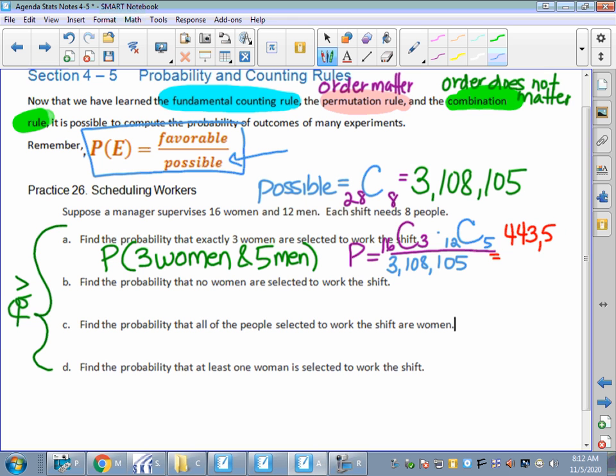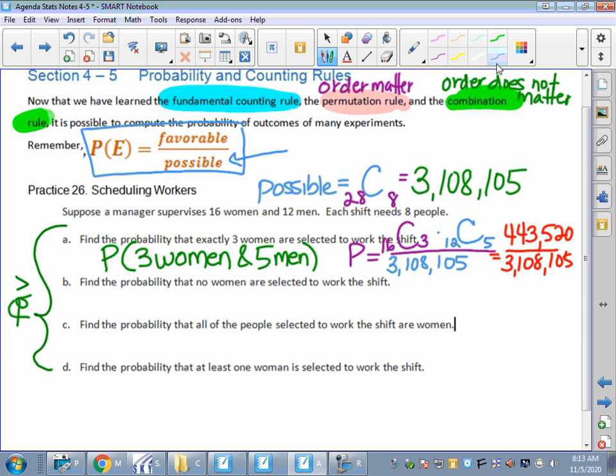It would not hurt right now, especially for that first problem, to actually try it and make sure you get that answer, because sometimes you know what you're doing, but it's the actual calculator work that gets messed up. And that's still going to be over 3,108,105. You know the story. We have to simplify our fractions.